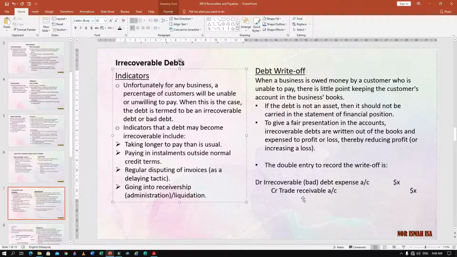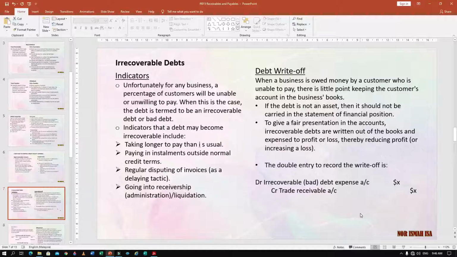So this is the double entry related to the irrecoverable debt written off. When a customer is identified as irrecoverable, they will debit the irrecoverable debt expense with the amount that has been owed, and we take the amount out of the Trade Receivable account by crediting this account.